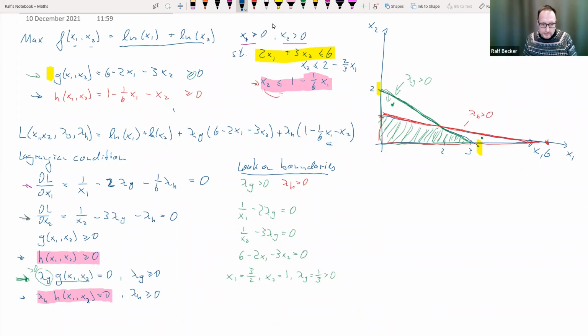Now let's actually draw that point. Let's call it point A. Let me do that in green. Let's draw that point on our little sketch, point A. So x1 is 3/2, that is 1.5, and x2 is 1, so (3/2, 1).